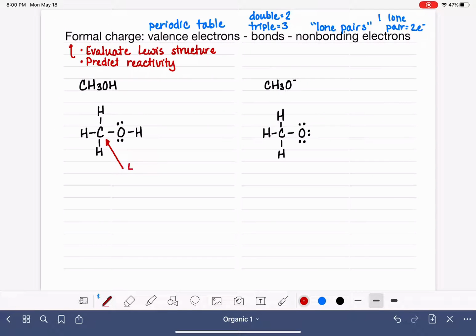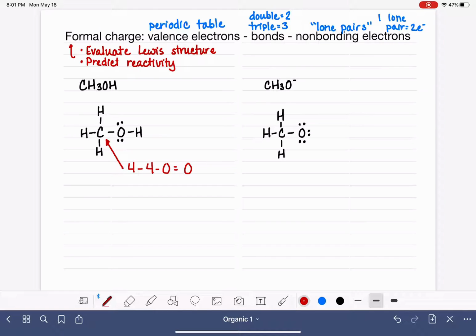So we have 4 valence electrons minus how many bonds are around this carbon. 1, 2, 3, 4 bonds. And how many lone pairs of non-bonding electrons do we have? If you look around this carbon atom, it's all bonds, no lone pairs, no non-bonding electrons, so that's a 0. The formal charge for this carbon atom, 4 minus 4 minus 0, is a 0.